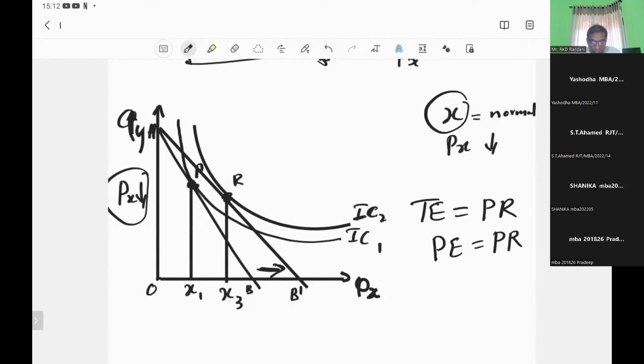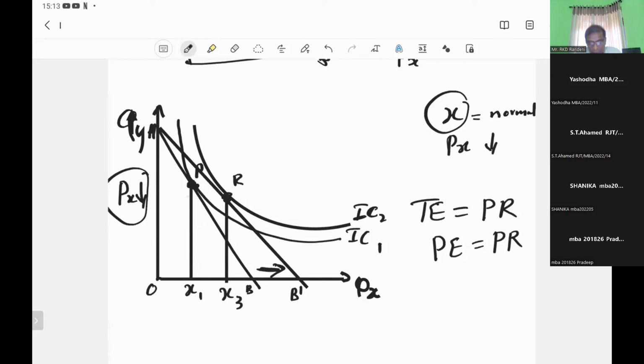Now the price of X is reduced. There are some people who earlier, when the price was high, couldn't buy commodity X. Now the price is reduced, many people can buy that commodity. That is the substitution effect, which causes the equilibrium to shift from P to R to some extent.